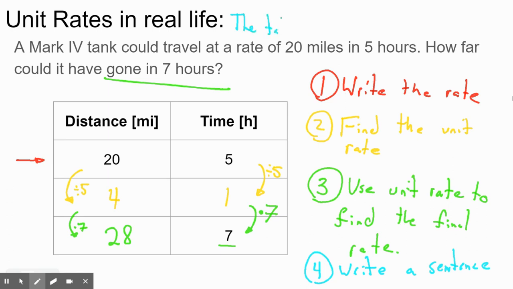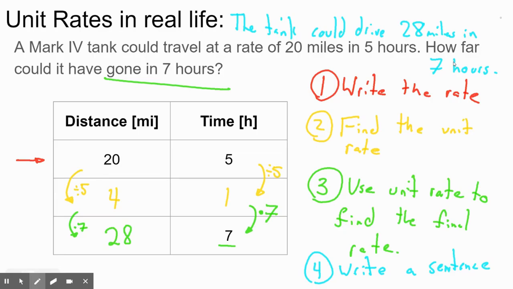The tank could drive 28 miles in, kind of ran out of room here, but 7 hours. And that's it. We do want to make sure that we include that sentence. Your teacher probably wants you to do that if you want to get full points on a problem like this.